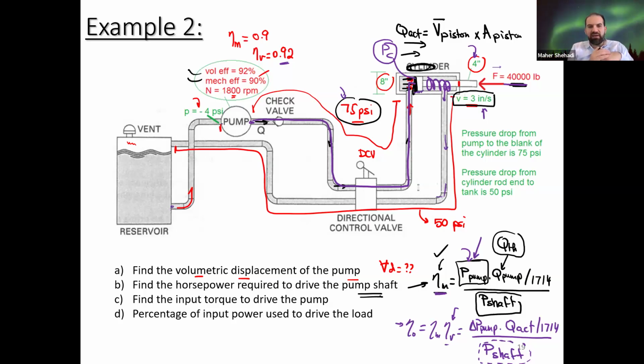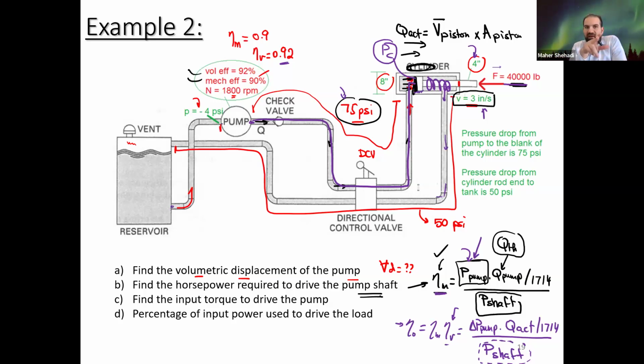What does that term represent? This is actually called, one last chance, one, two, three. This is the efficiency for my system, how efficient this whole cycle is.